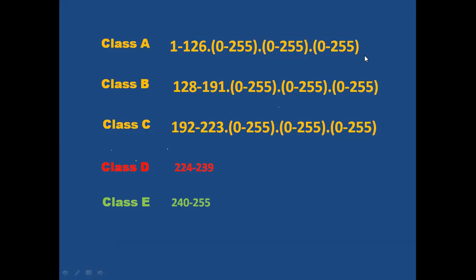Now, see, in these 5 classes, there are 3 different types of address. The complete range of class D is multicast address. An IP address which starts from 224 is called a multicast address.